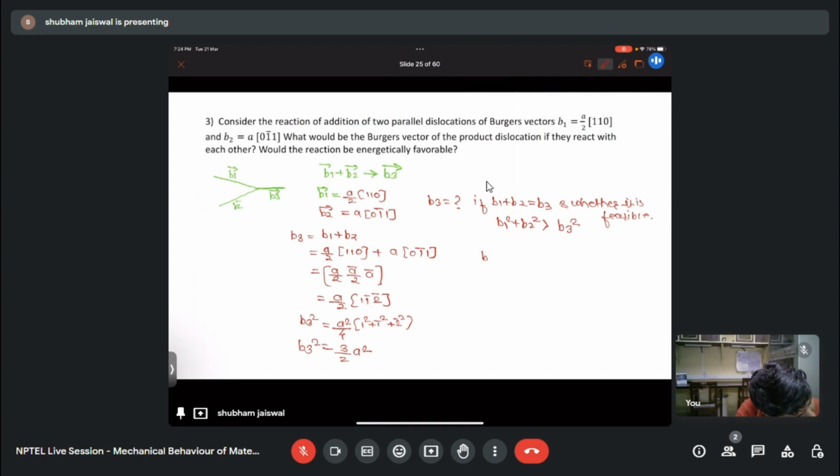Now B1 square is a square by 4 into 1 square plus 1 square plus 0 square, so it comes out to be a square by 2. Is it not? And B2 square will be 2 a square. And B1 square plus B2 square is a square by 2 plus 2a square.